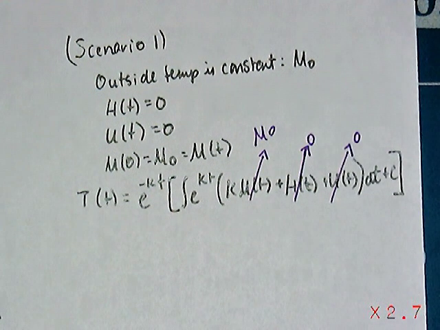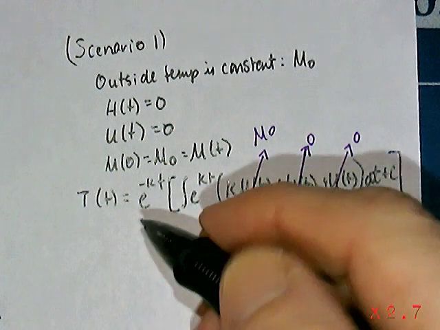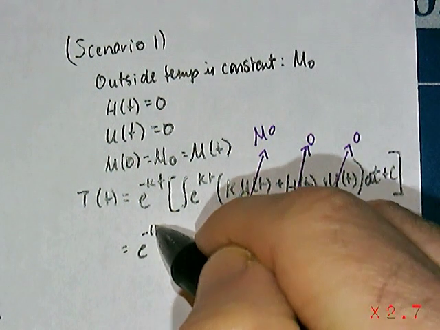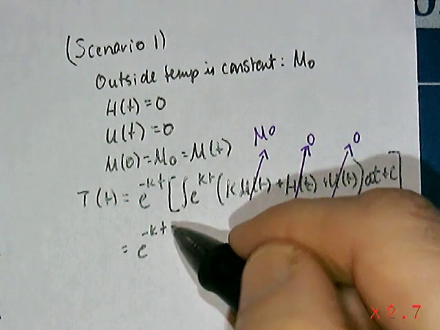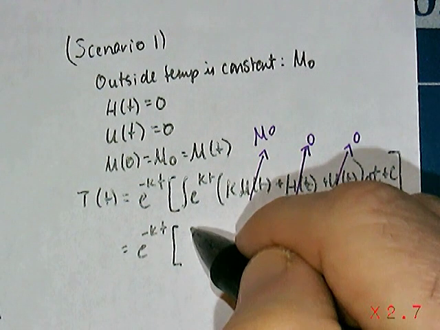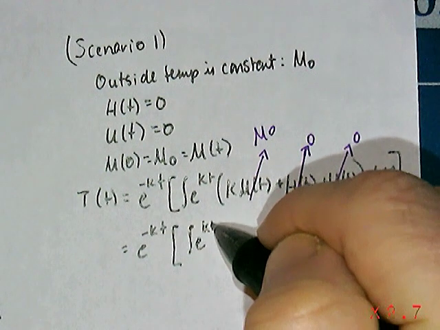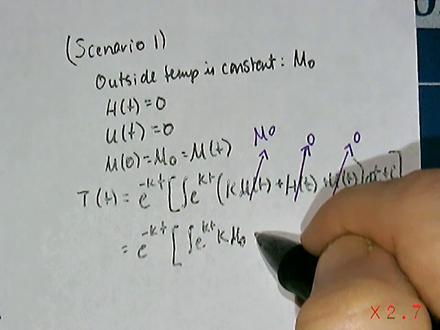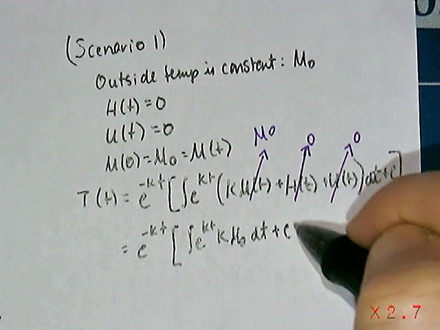So what the problem then turns out to reduce to is that the model of temperature inside the building, in this case, becomes e to the minus kt times the integral of e to the kt, k times a constant m0 dt plus the constant.